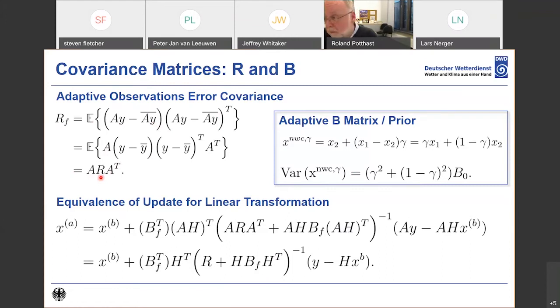There's one point. If you do these linear transforms in your LETKF, you have to transform the matrix R, but you also have to transform your observations. If you build this all in, the A here goes to an A power minus 1, and the H transpose on the other side goes to the H transpose power minus 1, and they cancel.